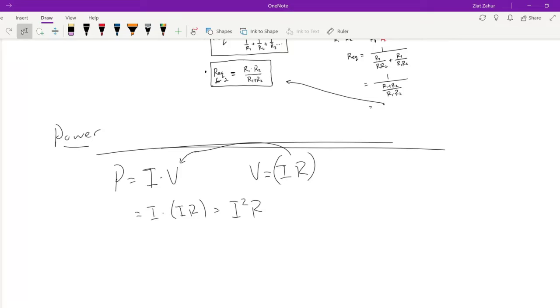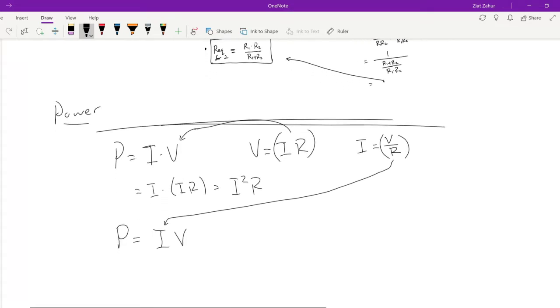And to get the other one, we want to substitute something else. So let's see. If V equals IR, then I is equal to V over R. And let's go and substitute V over R into I. This gives us V squared over R. So these are the other two power equations.